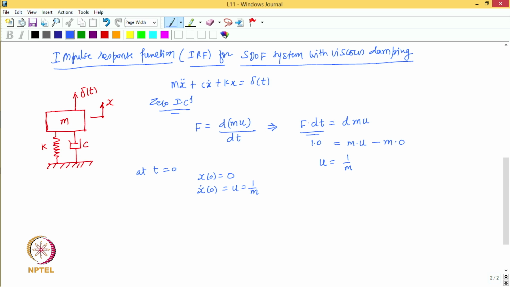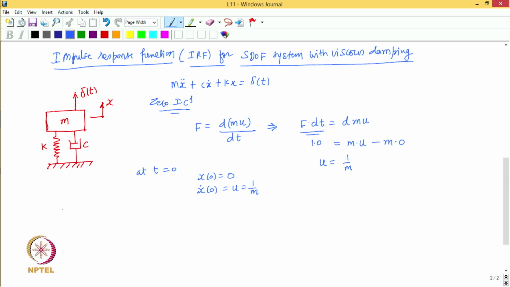So, we have found out earlier the response of a single degree of freedom system with viscous damping when some initial disturbance in the form of initial conditions act on the system, and now we can apply these initial conditions to find the response.